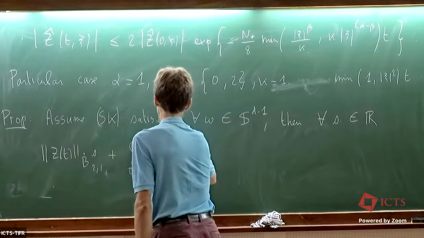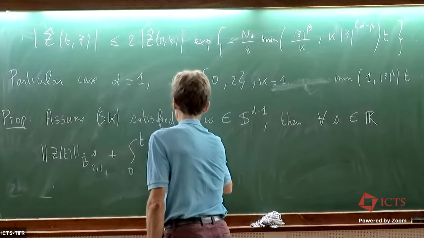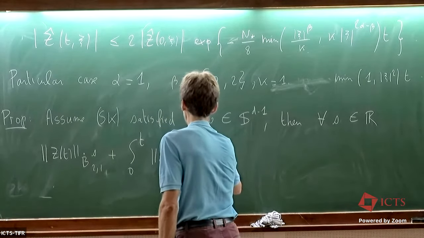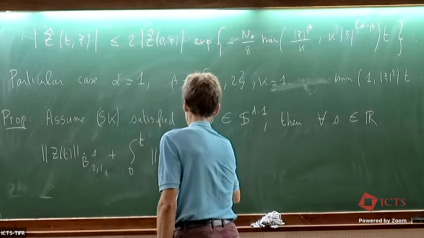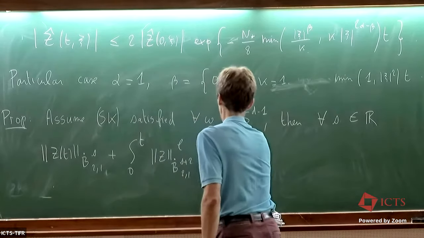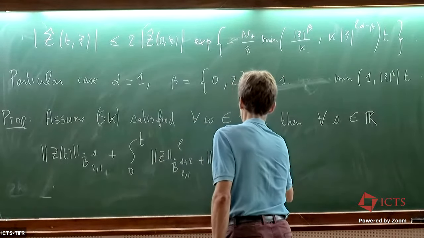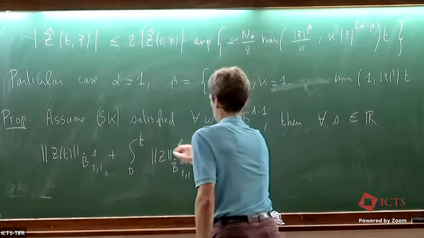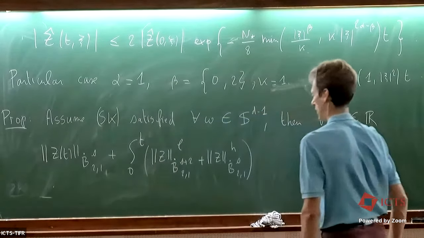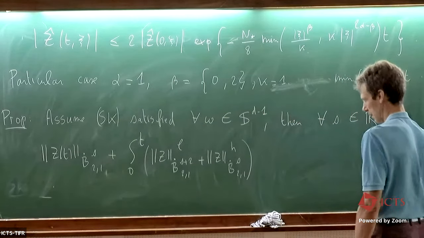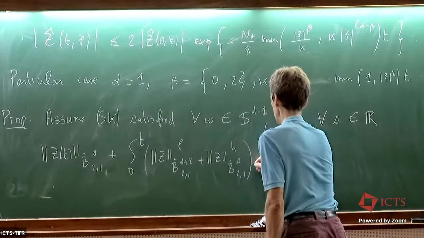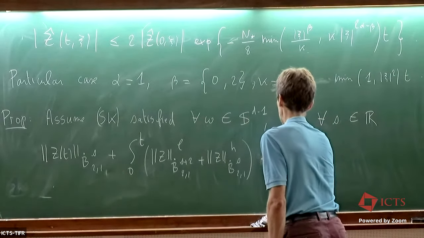For low frequencies, you gain two derivatives, but gaining two derivatives somehow is not good. And for high frequency, you gain nothing. And then you have the right-hand side, so it's bounded by some constant.